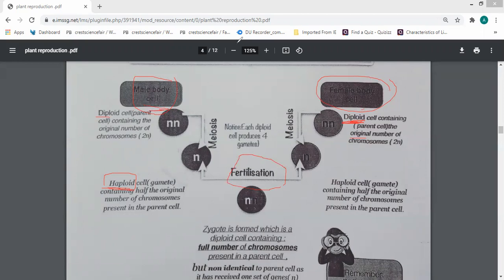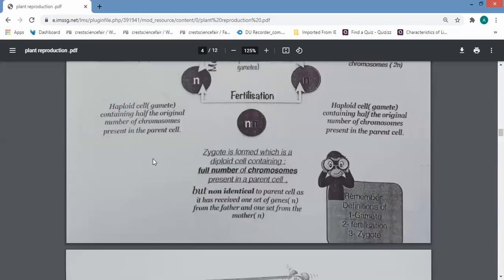This zygote is composed of one cell, and we said before that the zygote will contain the total number of chromosomes. So the zygote is a diploid cell, because it contains the full number of chromosomes present in the parent cells.